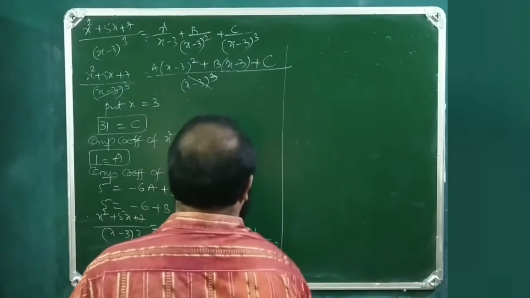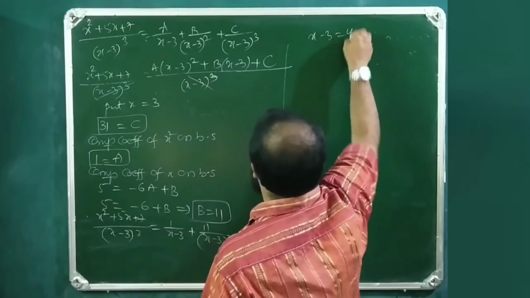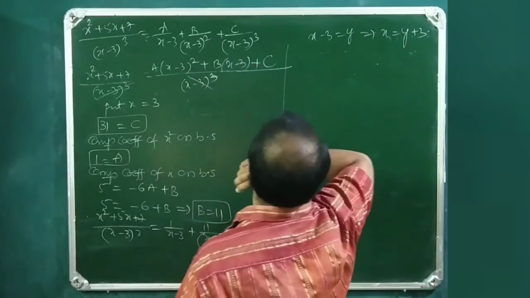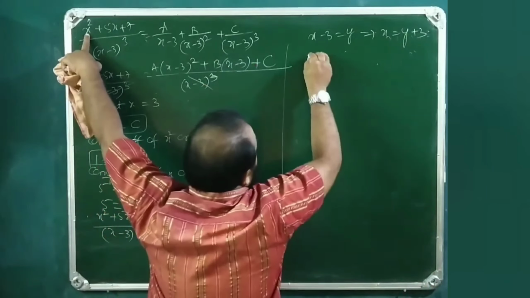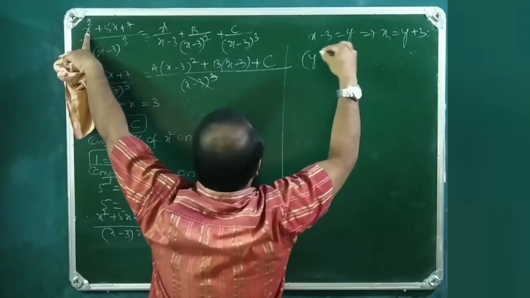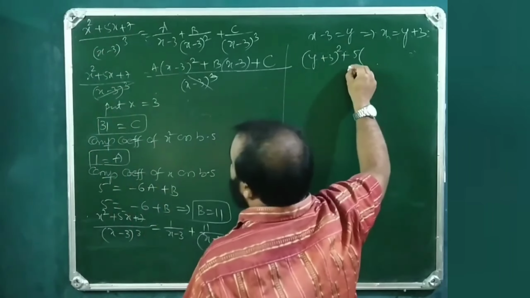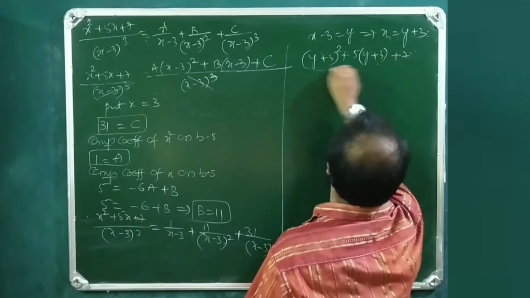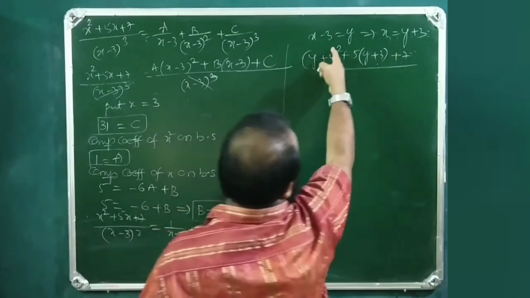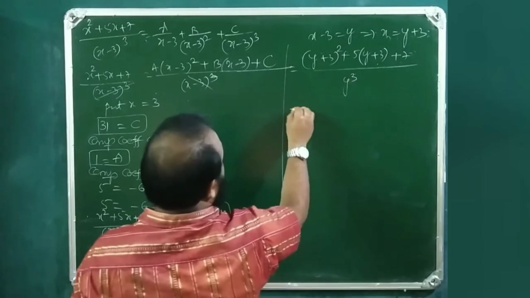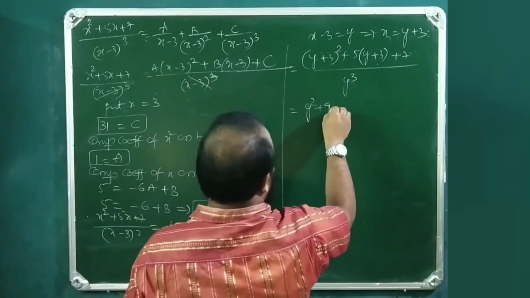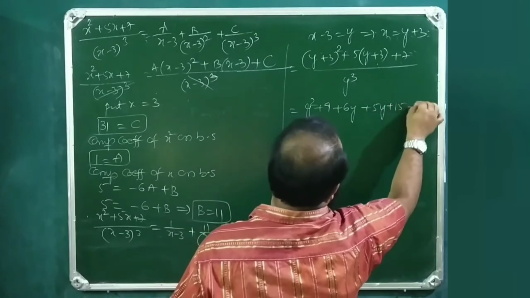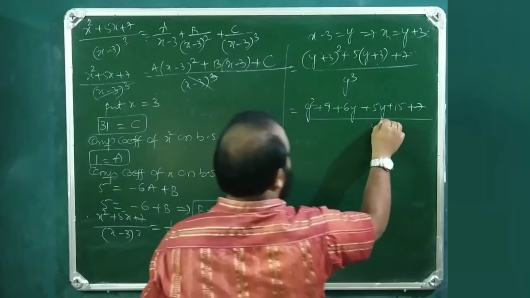So for this, let x minus 3 equal y, so x equals y plus 3. Replacing x: (y plus 3) whole square plus 5 into (y plus 3) plus 7, by y cube. So this is y square, 3 square 9, plus 2 3s are 6y, plus 5y, 5 3s are 15, plus 7, all by y cube.